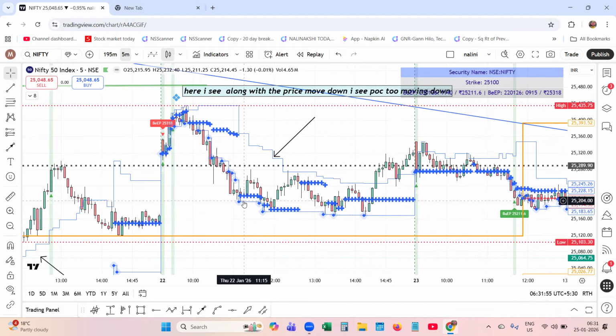That means people are comfortable trading at lower levels, not trying to push the price back up. Usually, when the price comes down, there will be price pushing back up. That is not happening. The price started accepting lower prices. It moves down. Only here it halted. The responsive trading started, moving up and down, up and down.